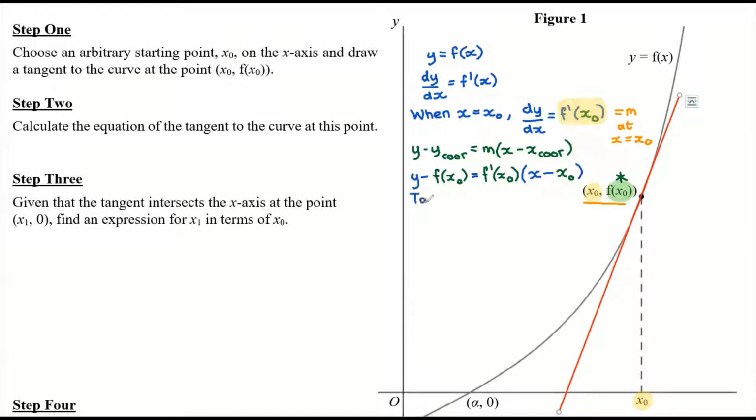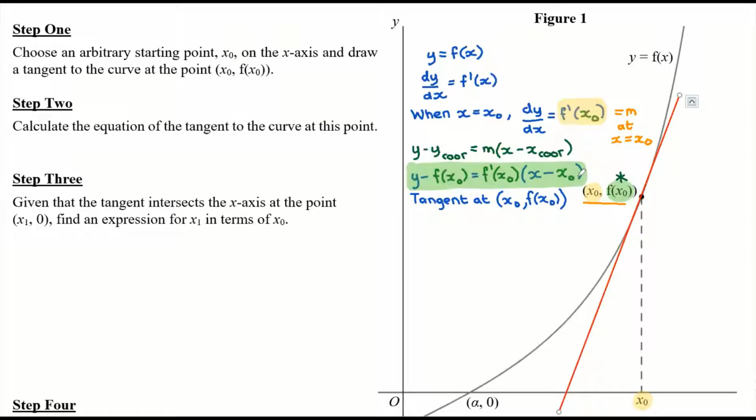So this is the tangent at the point x naught, f of x naught. Okay, so that's a really important result we've just derived here. Okay, so I'm just going to highlight that. So that's step 2. So we've got the equation of the tangent.